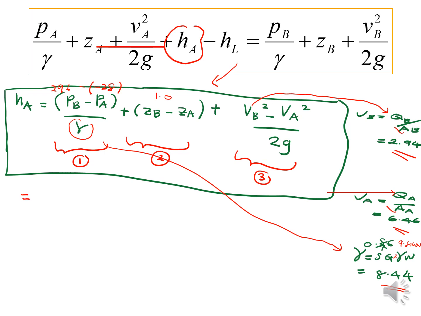For item 1, if you substitute all the values, you will get 38.4, plus item number 2, which is 1 meter.